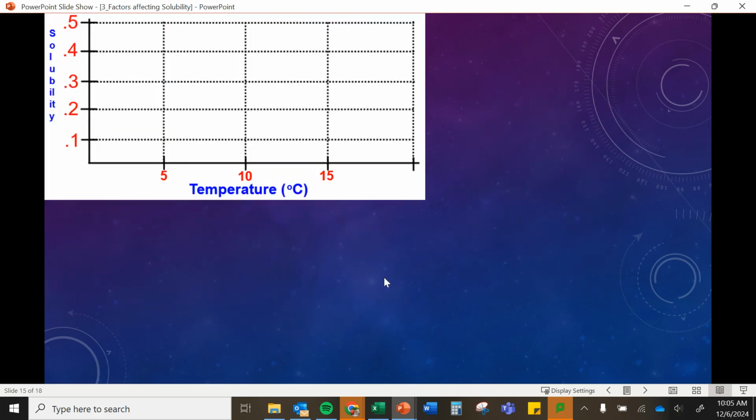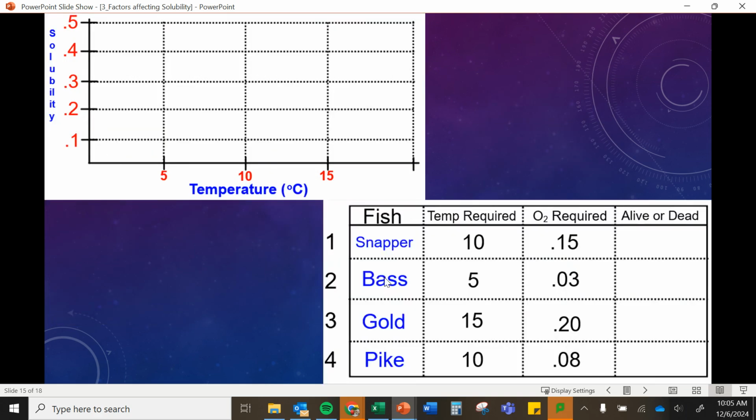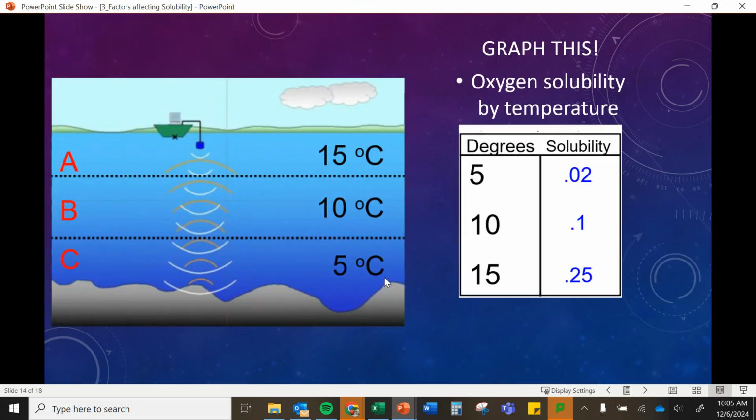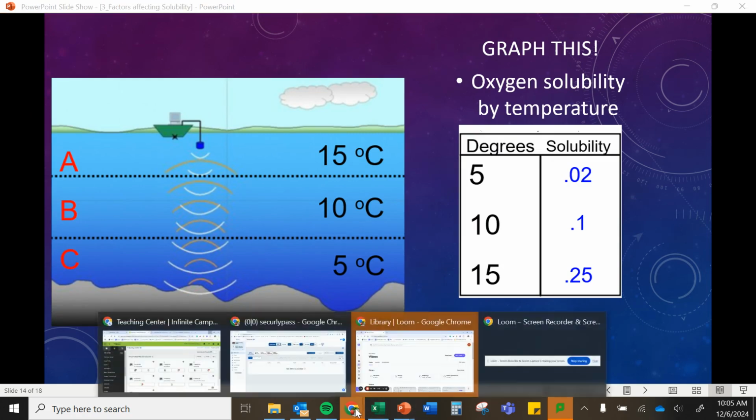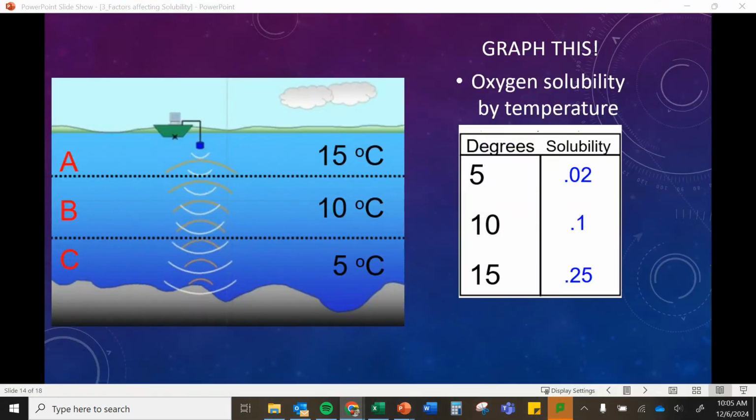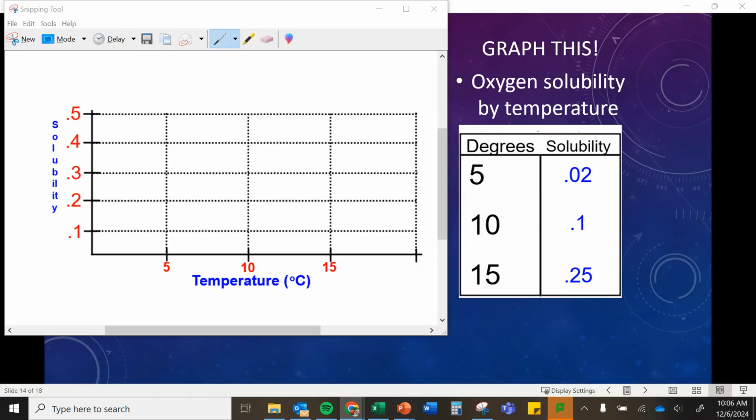Okay, so if we were to graph this, let's see, we had 0.2 solubility at 5 degrees. So if we have our graph, at 5 degrees, it can go to 0.2.